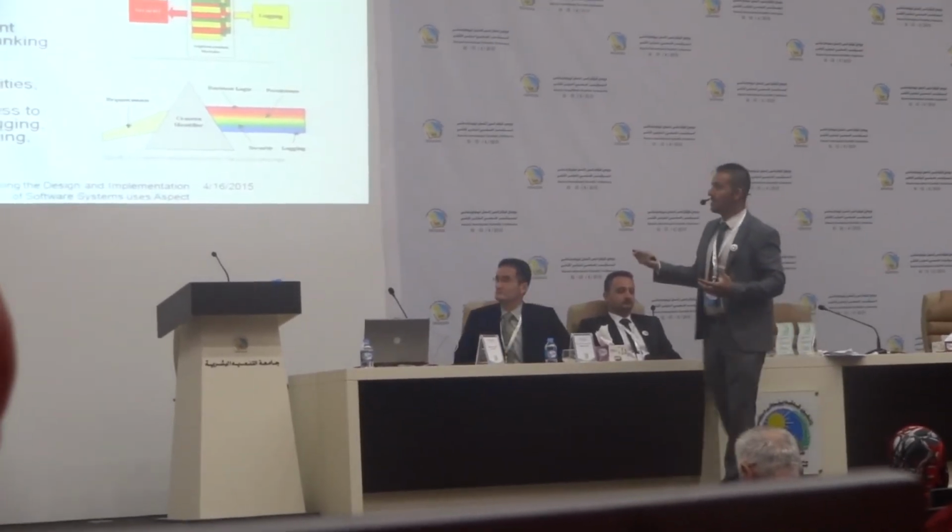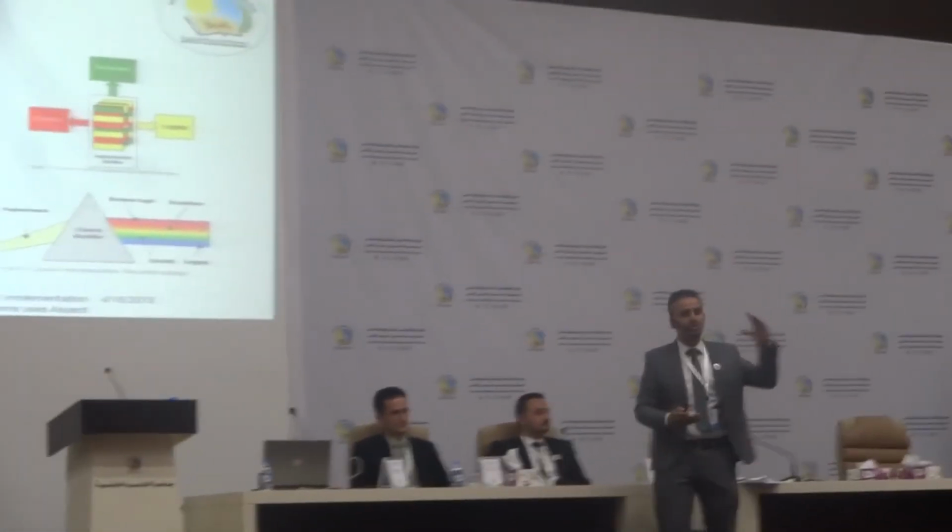But in aspect-oriented programming, he suggests using specific code. This specific code is divided into two parts: core concern for the goal of the system, and cross-cutting concern for the subsystem. For example, logging and authentication are used in the whole system, so in the subsystem.